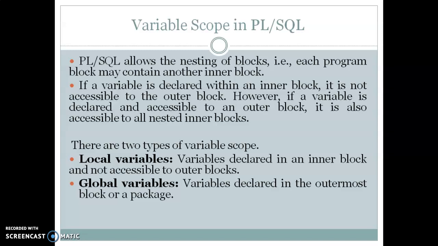So basically we can say there can be two types of variable. A local variable is declared inside a block, and if there is no other block inside that block, that variable will be accessible to that block only. We can take the example of a departmental library.